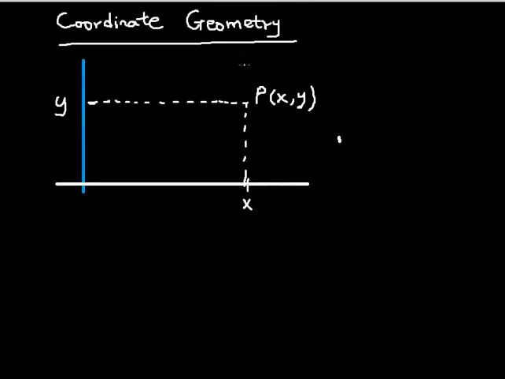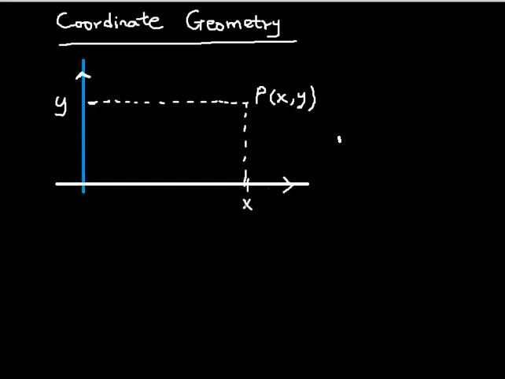So what is coordinate geometry? As you can see, here I have a Cartesian coordinate system, which uses two reference axes. The vertical axis is the y axis and the horizontal axis is the x axis.